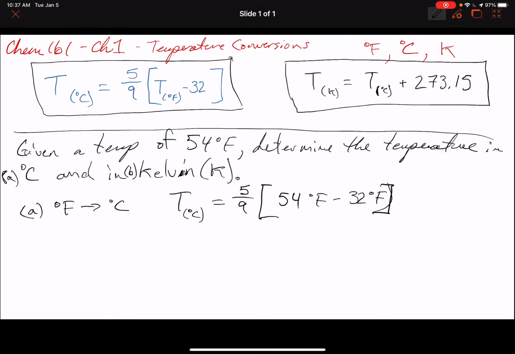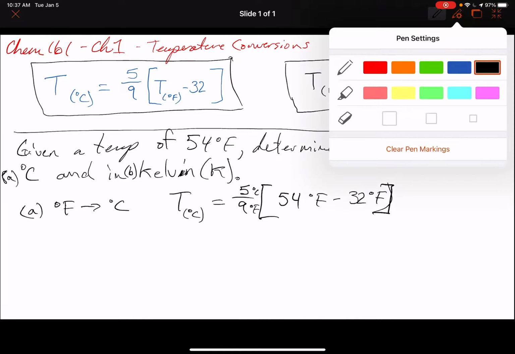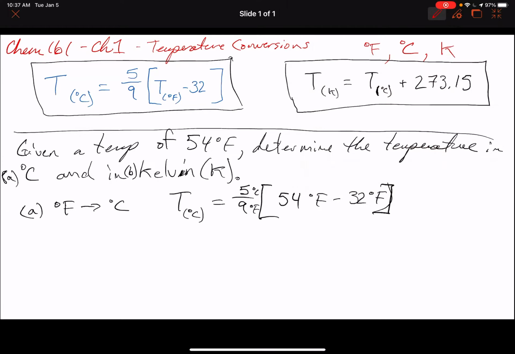You'll see here now that putting some units into this, that we need to get into degrees C, and we're going to cancel degrees F. So not shown above for clarity were the unit cancellations, but clearly in the red square brackets here, the outcome is going to be degrees Fahrenheit. We need to cancel those units and inherit the numerator units that are degrees C, and that'll align with what we see here. So after having done this, you can see here that the outcome here will be 12 degrees C as the answer.